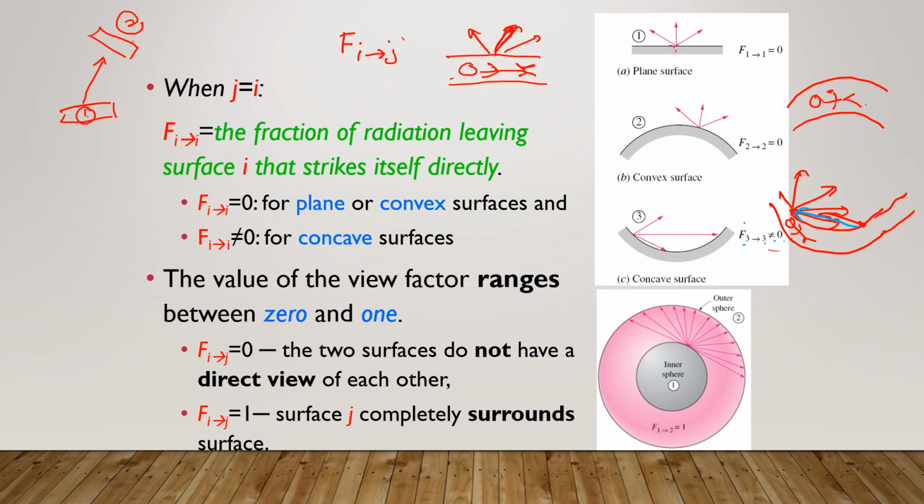So at this point for the concave surface, we cannot say that F3 to 3 is equal to 0. As I mentioned before, if you are in that concave mirror and you are waving, you will see your image here, and whatever image you see may be only half of your body, because this will radiate energy and some of it will strike back.